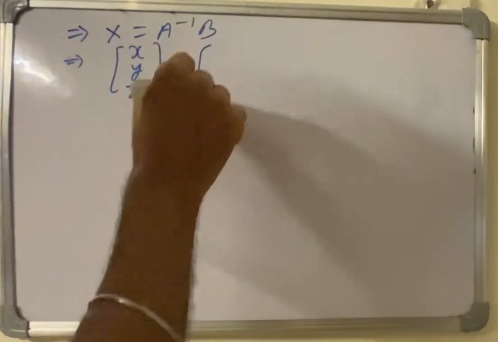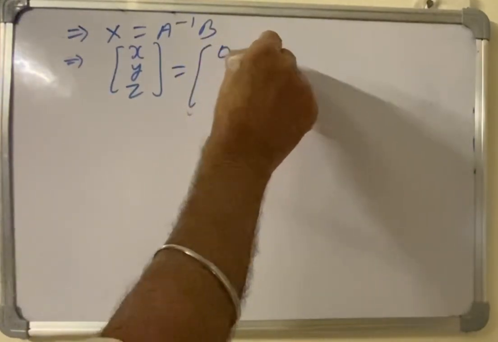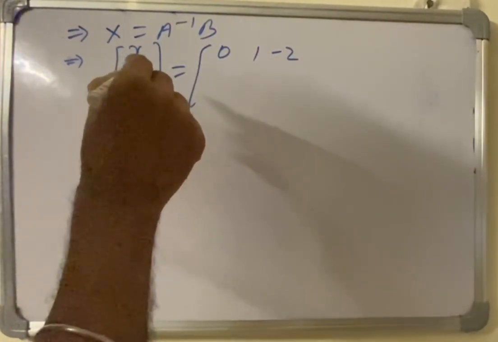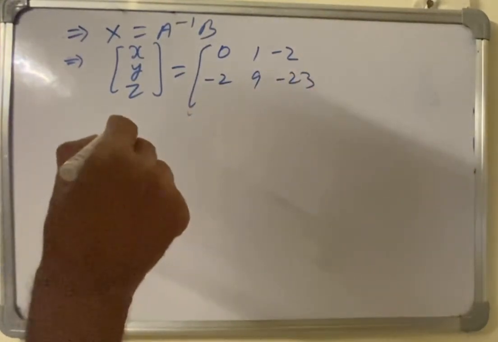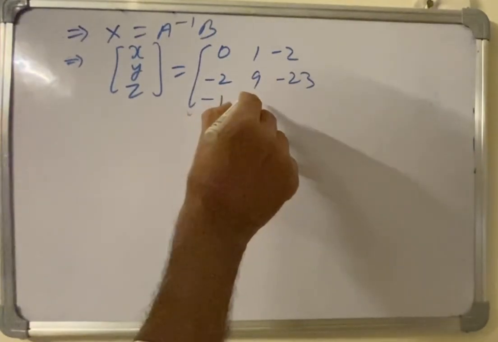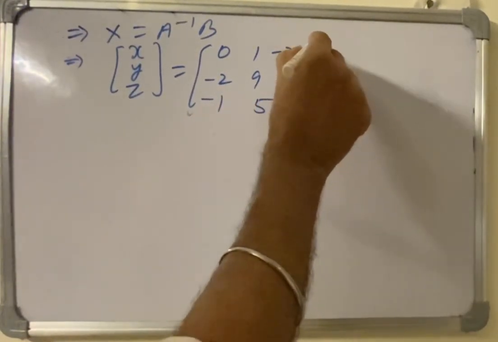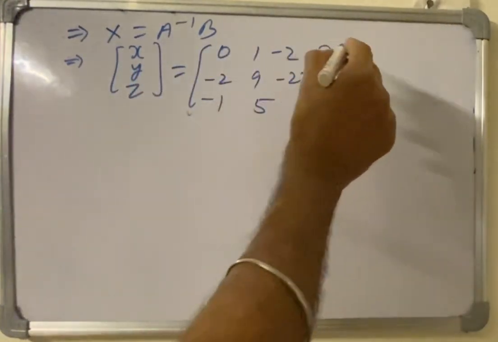A inverse is [0, 1, -2; -2, 9, 23; -1, 5, -13], B is a constant matrix 11, minus 5, minus 3.